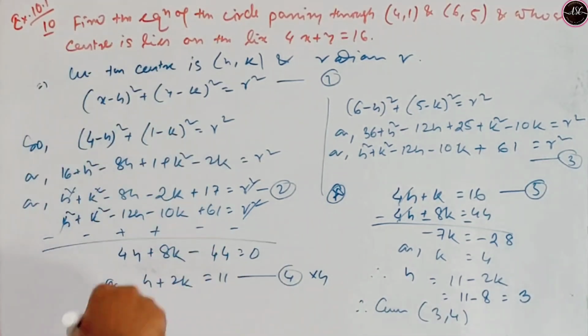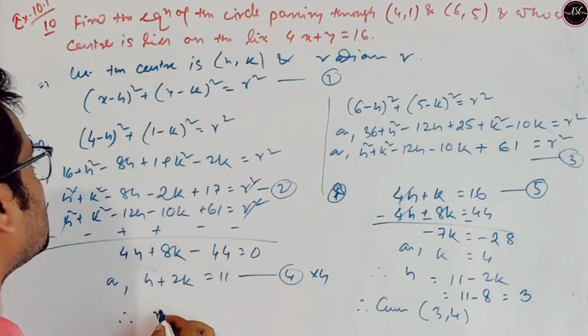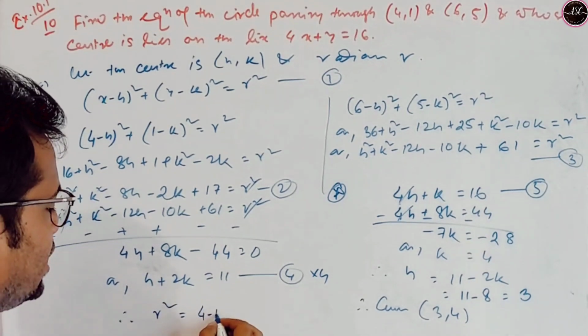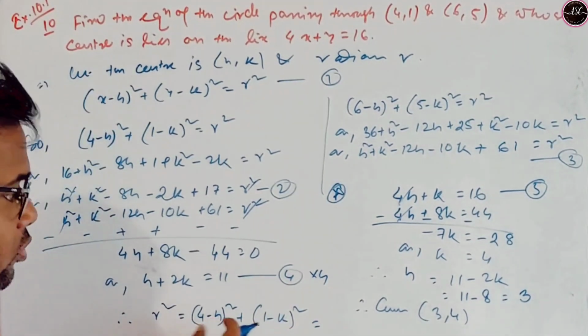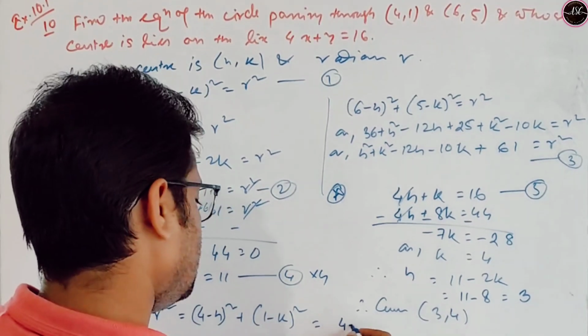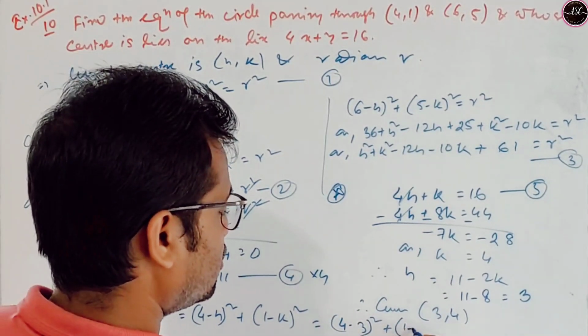Okay, now the radius. If we put the values of h and k in here, r² = (4 - h)² + (1 - k)². So that will be (4 - 3)² + (1 - 4)².